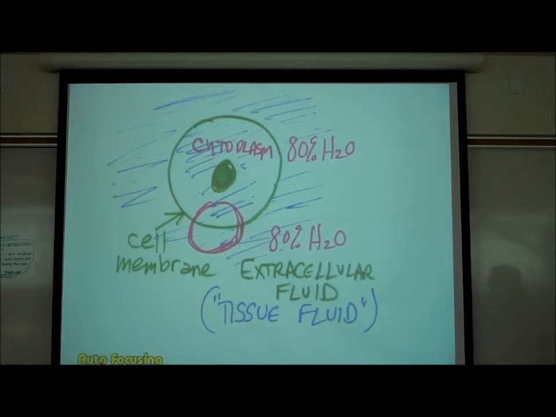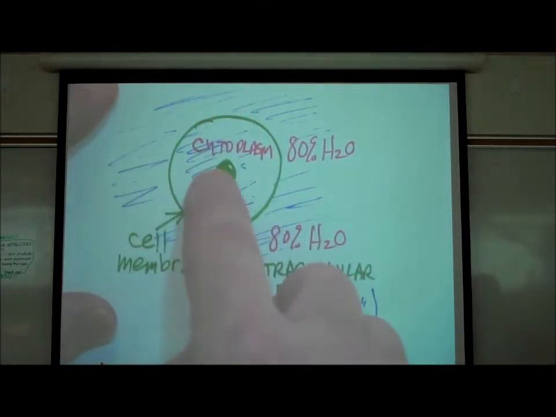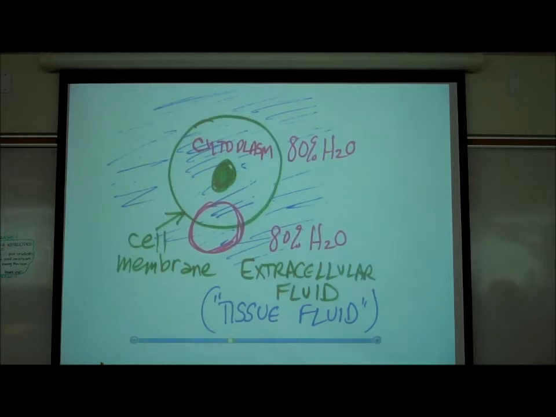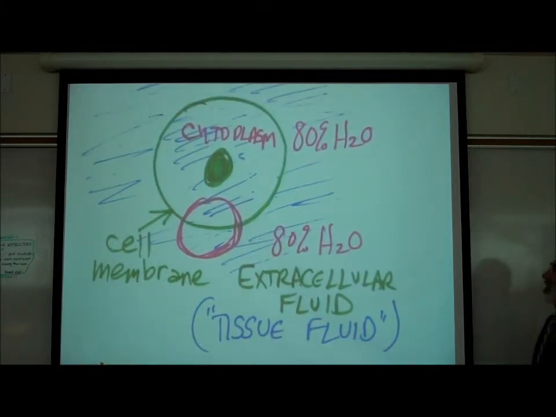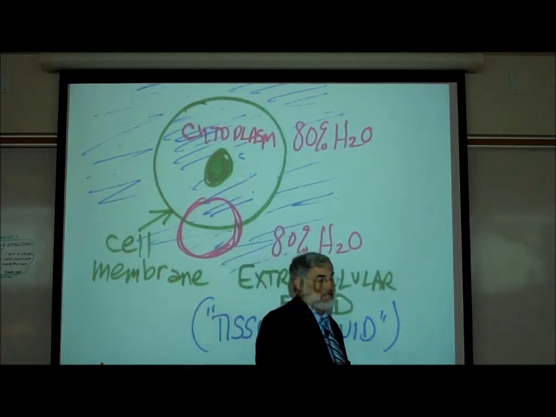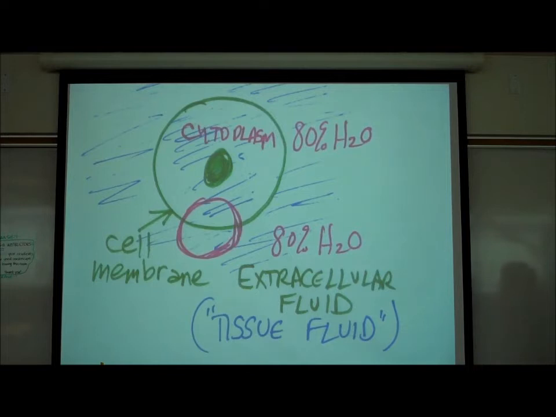So in our picture, I drew a cell. This is the cell membrane, right? Here's the nucleus, right? Typical animal cell, could be a human cell. And we've learned today that the cytoplasm, this jelly-like fluid on the inside of every cell, is about 80% water on the inside. And all living cells have to be surrounded by fluid.